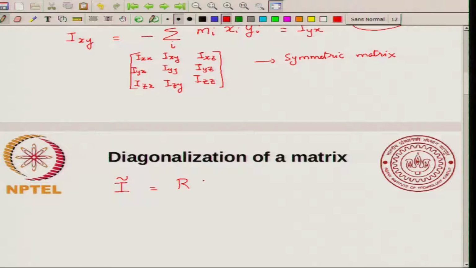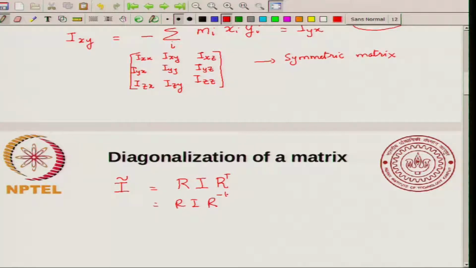This is done by using a similarity transformation. So I'll just put R transpose. This is a rotation matrix, and remember a rotation matrix is orthogonal, so this is nothing but R inverse.